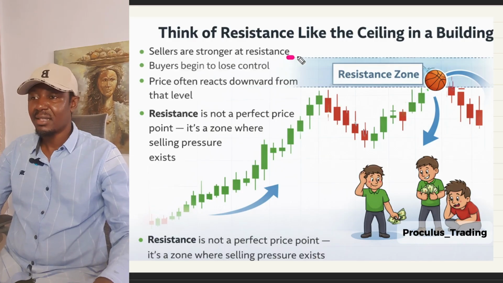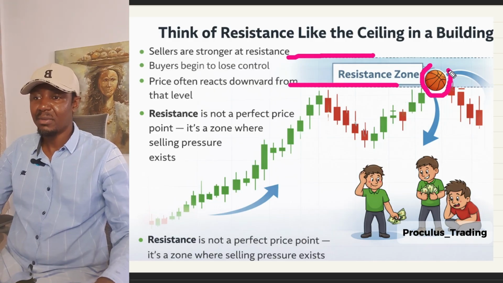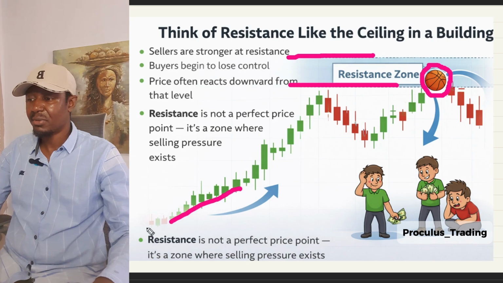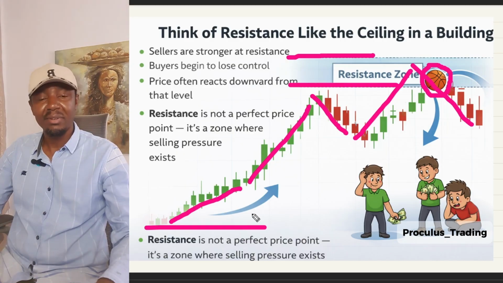So think of resistance like the ceiling of the house, which is price now being this ball here, and price coming all the way from the bottom. It's coming from a support at the bottom right here, making all this push to the upside, and then price bouncing off this area and headed to the downside. Always put something at the back of your mind: support and resistance is not a perfect area or a perfect zone. It's not perfect math.